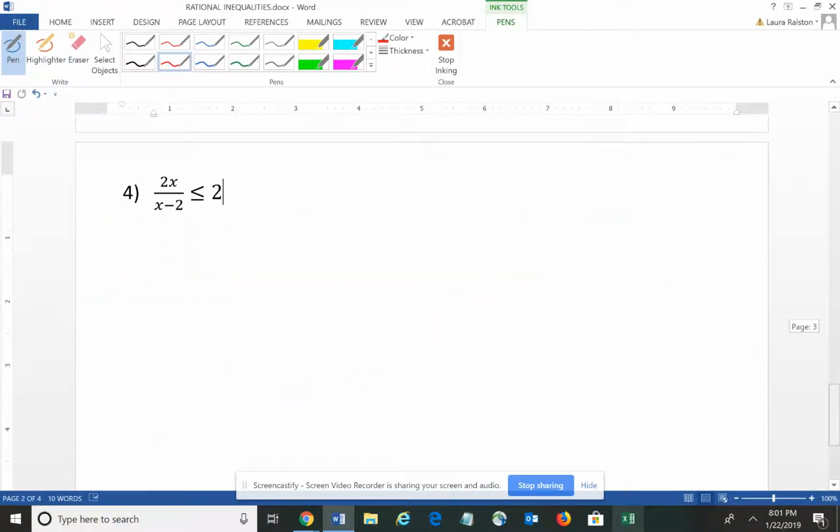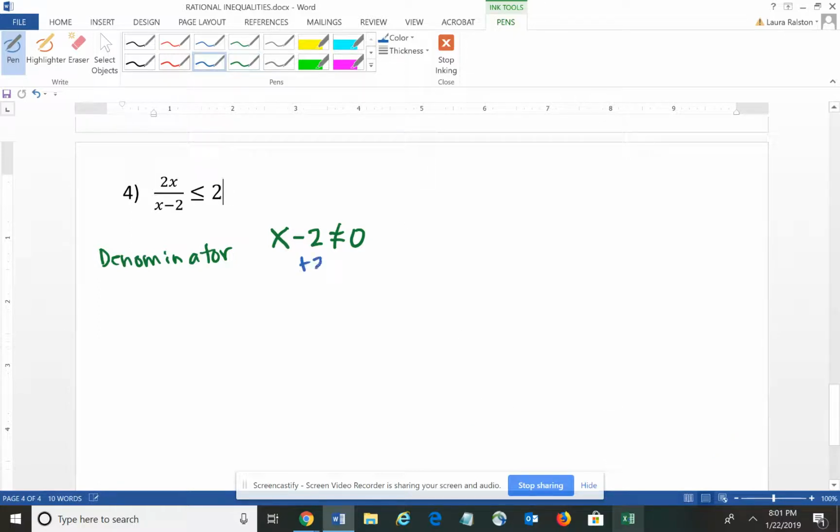Okay, one last one. We have 2x divided by x minus 2 is less than or equal to 2. Okay, so again, I'm going to start with my denominator. I know that my denominator within a fraction can never, ever be 0. So x minus 2 cannot be 0.